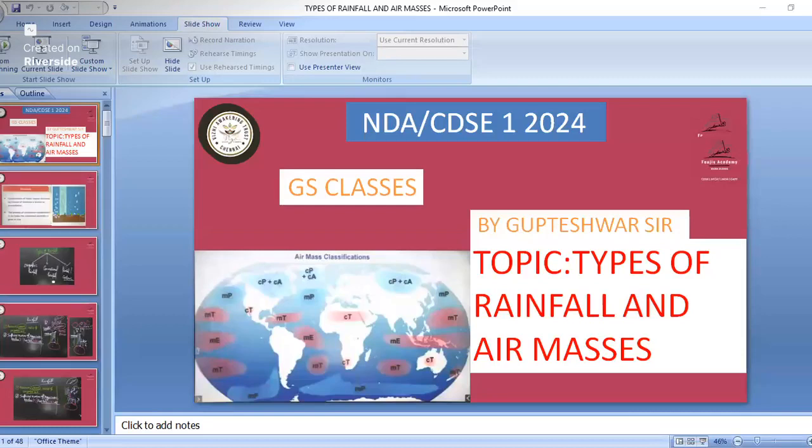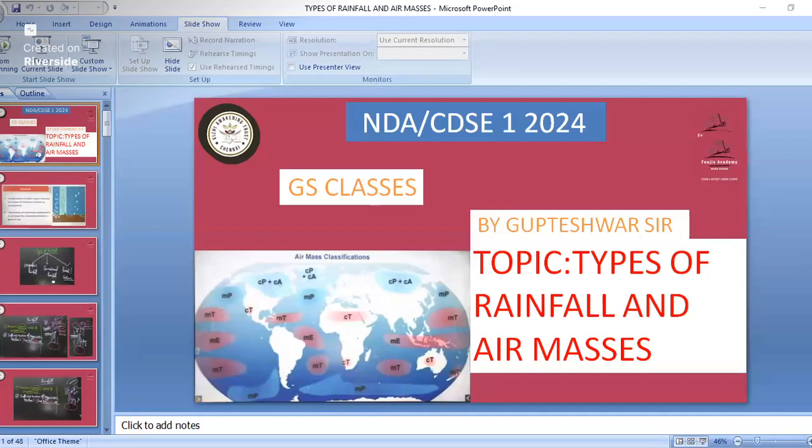If convergence of air is there, then frontal formation will happen, and after that hygroscopic nuclei will condense and then we will have rainfall. So in that case there will be no air masses. Then the atmospheric condition must be stable. So these are the conditions for air masses.